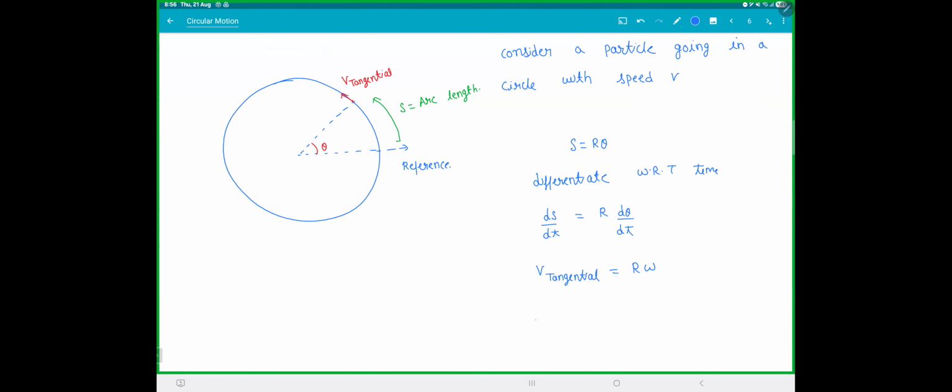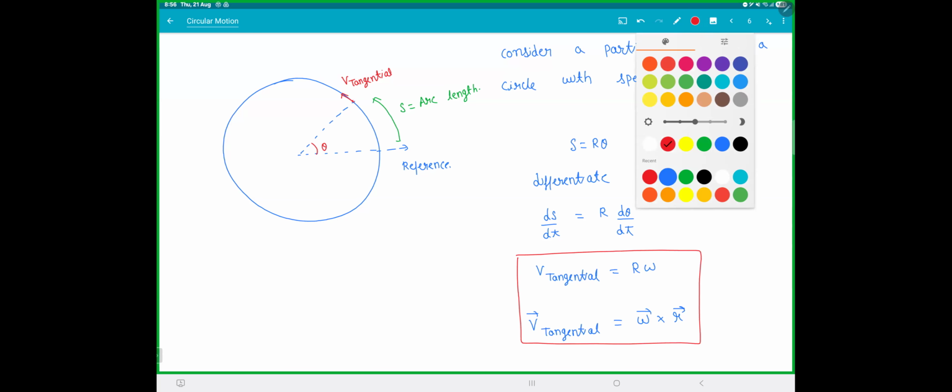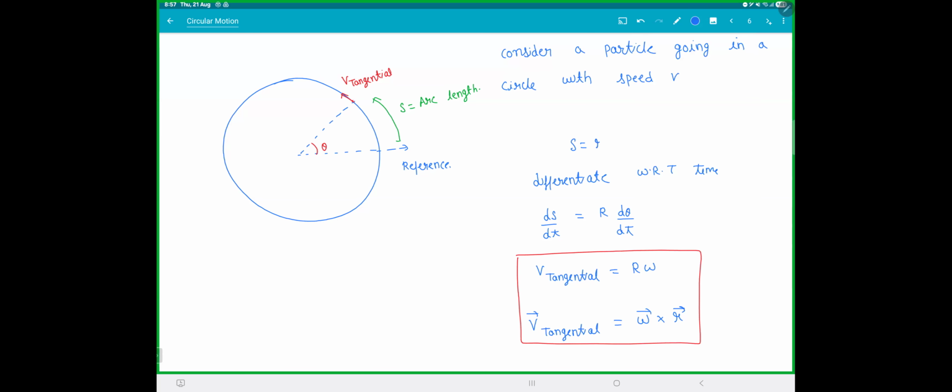So if you write the vector form, v tangential is given by omega bar cross r bar. Keep that in mind. It's a cross product. Maybe I'll use small r theta. That's your relation between velocity and tangential velocity and omega.